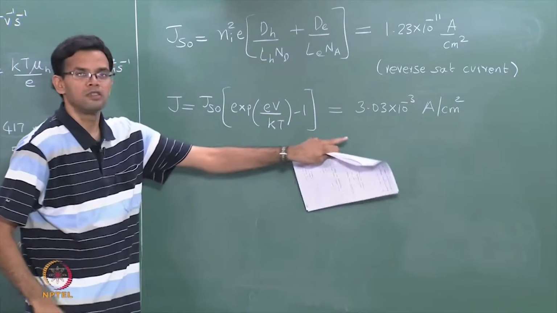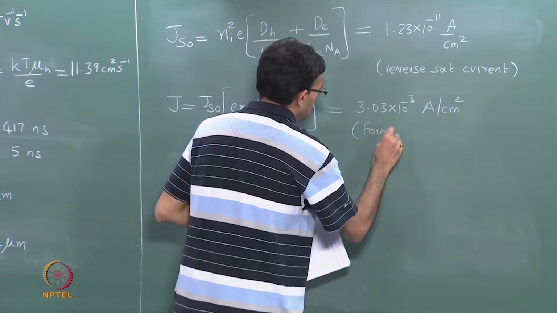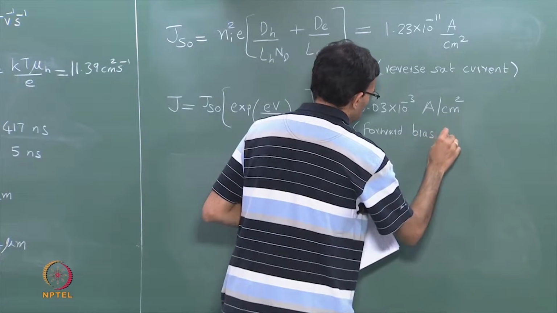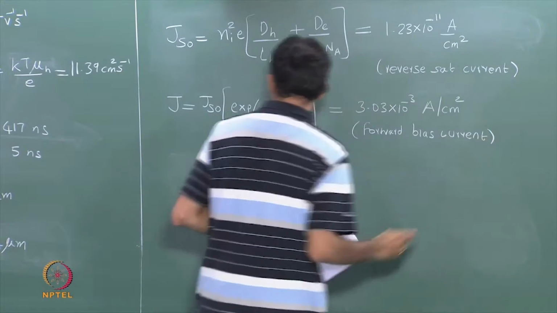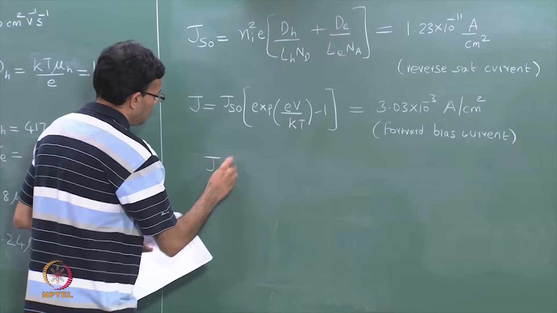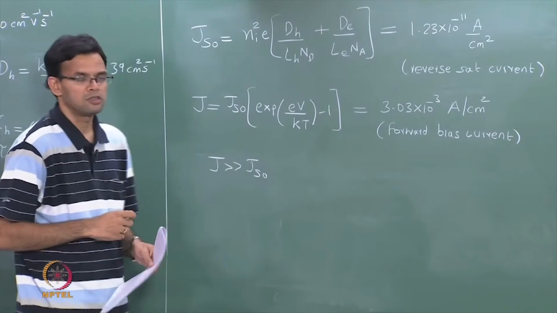So, this is the forward bias current. So, earlier we said that a p-n junction is a rectifier, and we can actually see that it is, because J is much greater than Js naught.